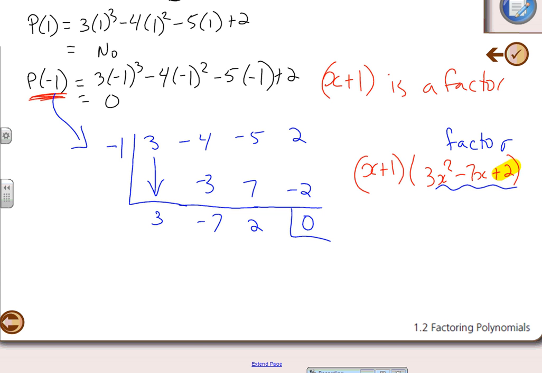Already I know that p at 1 did not work, and I used p at negative 1 and it worked. So I could try to find another one. This is sometimes a little bit tricky. This could be tricky sometimes if your factors are not of a binomial form, x plus or minus something.